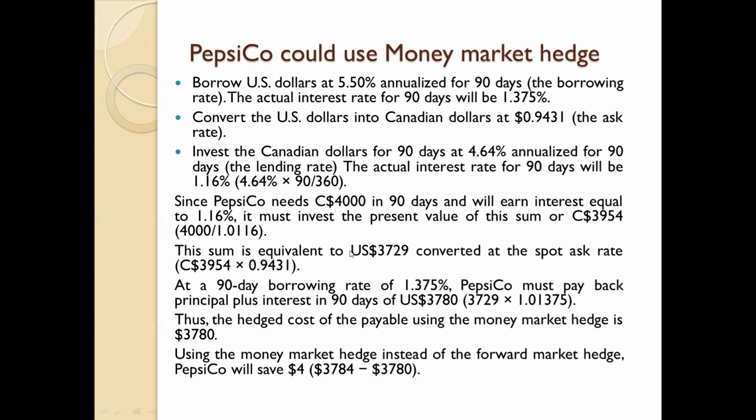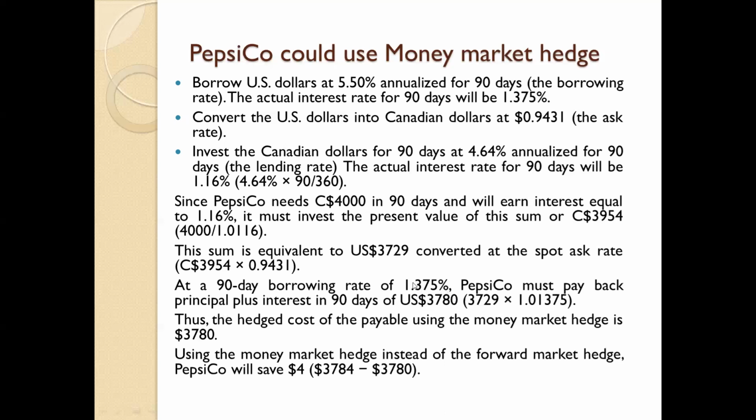In order to invest that amount in the Canadian dollar market and obtain Canadian dollar 4,000 after 3 months, he has to repay US dollar 3,780, including the interest of 1.375% for the 3 months.